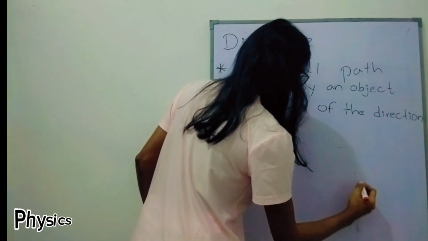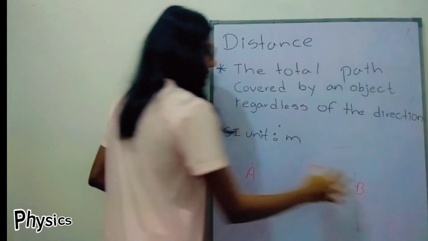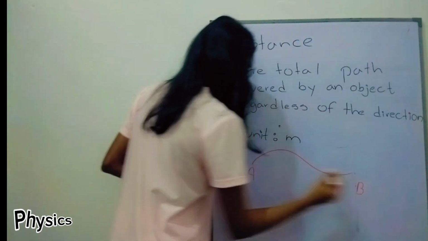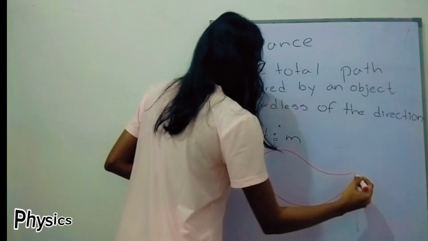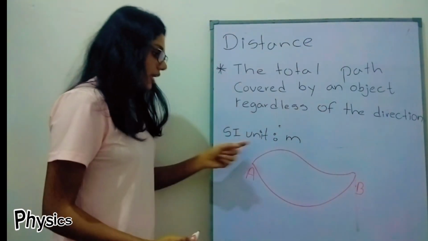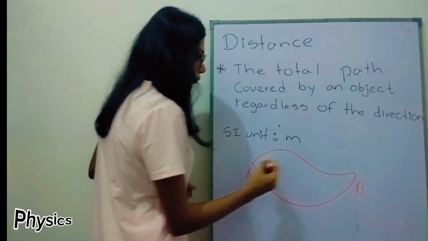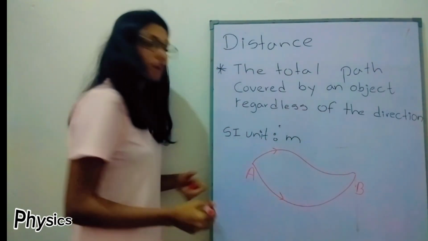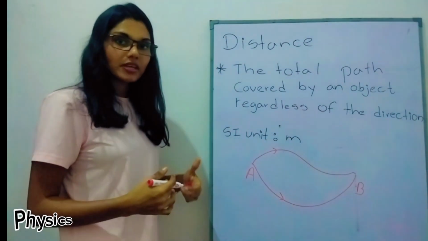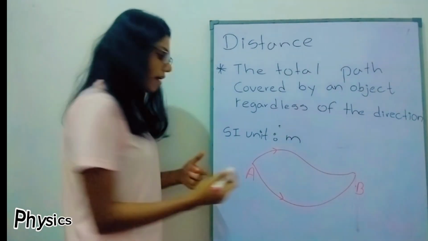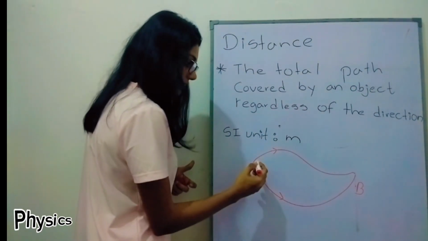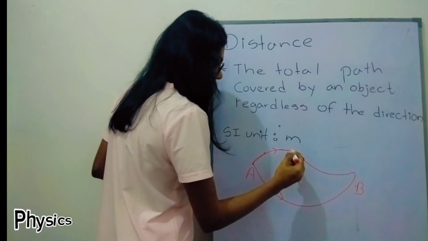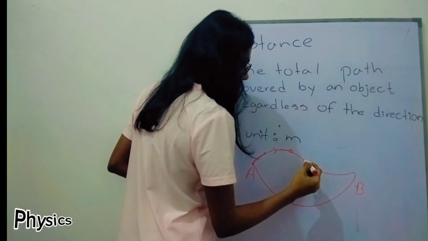Let's assume we have two different points, point A and point B. So from point A to point B, we can move in two ways. In the first way, we can move like this. Here, we are not considering the direction. We don't have a specific direction. At first, we are moving this way, and then this way, and then this way.